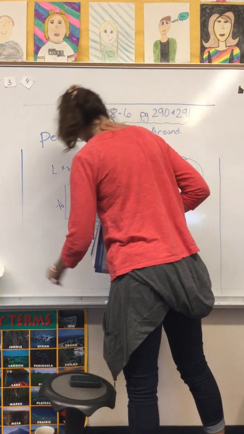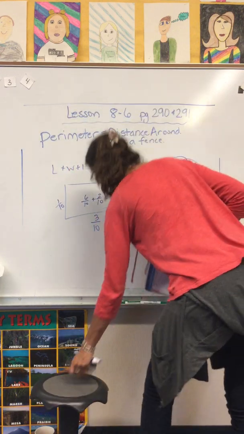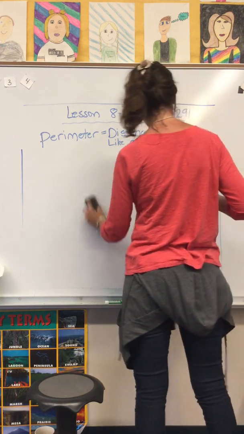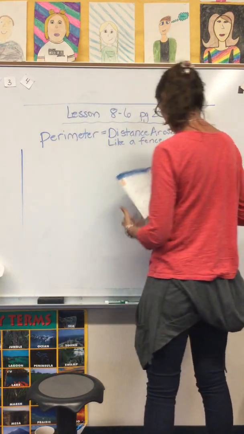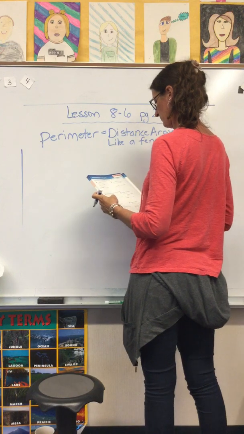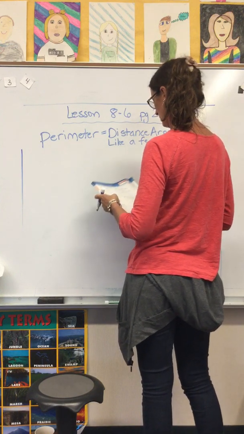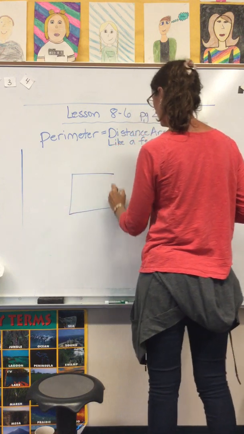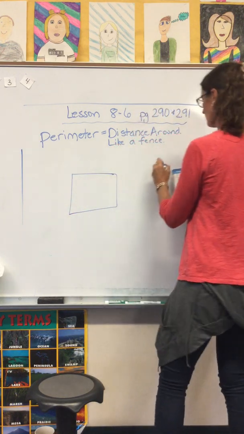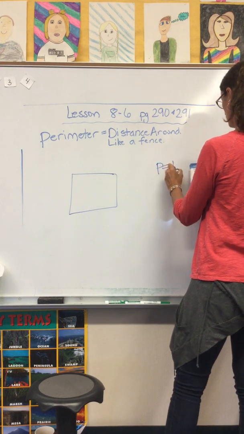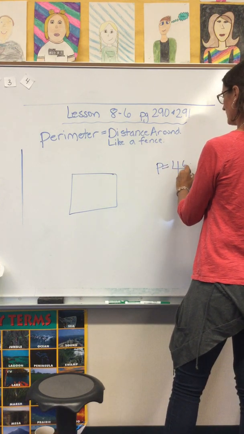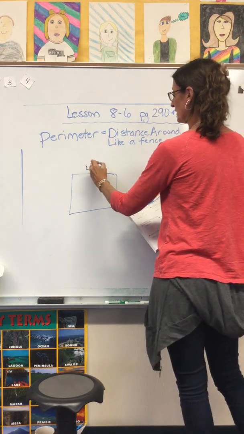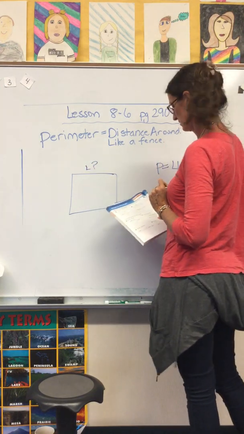Okay, we'll do one more here. Looking at this next one, okay, if I have a shape here, and I know the perimeter total is 4 6/10, then I need to find out what the length is, right?